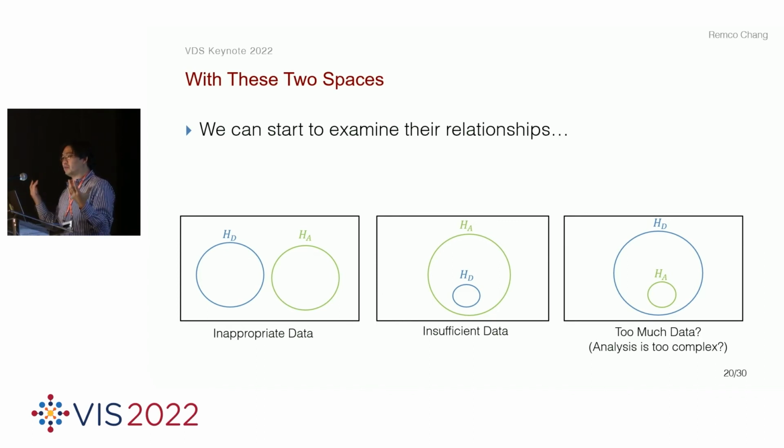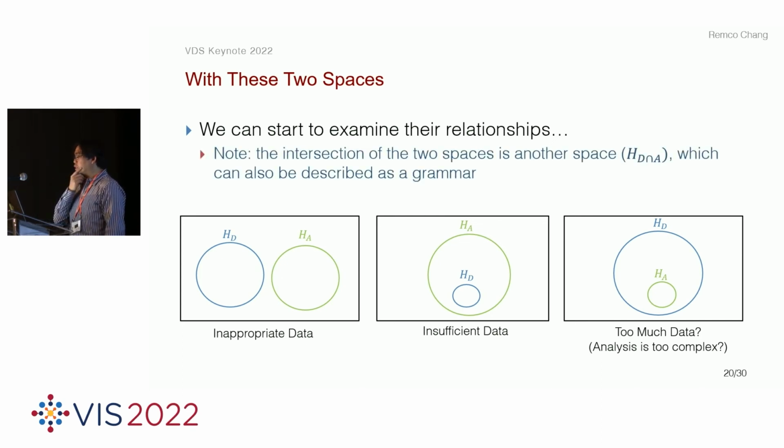I don't know what that means. That means you have too much data. Not really sure. But it's interesting to note that the intersection between these two spaces, because both are grammars, is yet another grammar, right? So you can do the derivation in a pretty straightforward way.